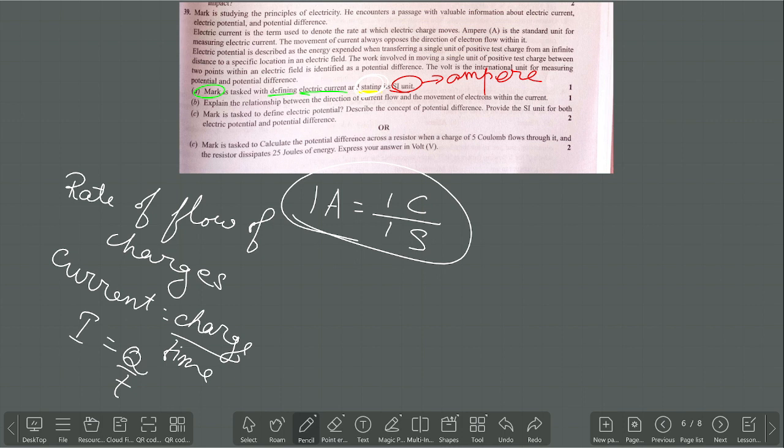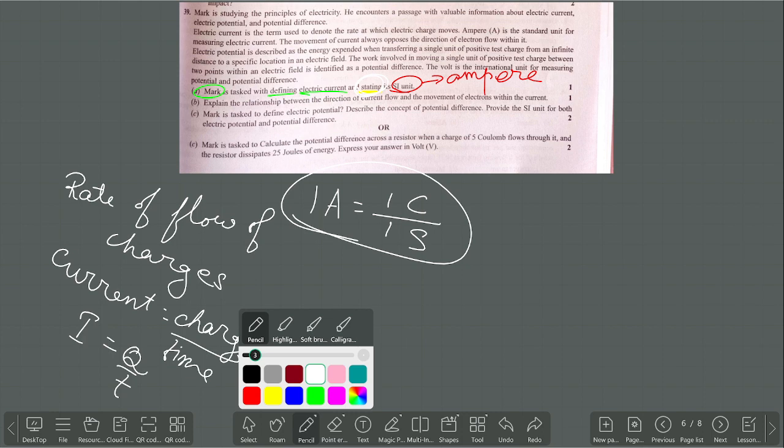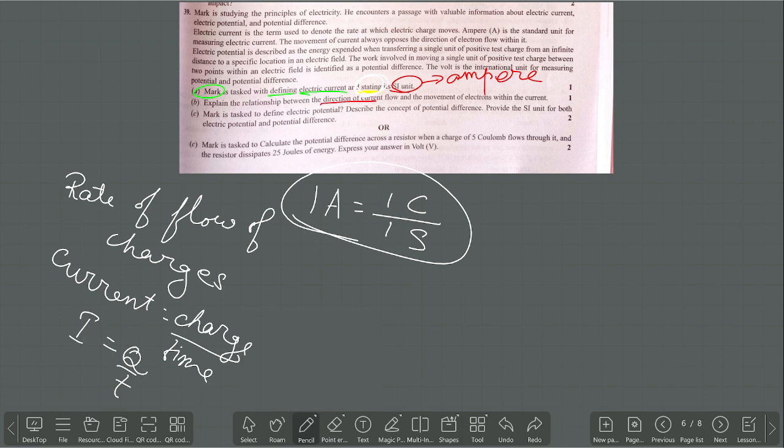Explain the relationship between the direction of current flow and the movement of electrons within the circuit. So we are just going to say about the relationship between the conventional current and electronic current. Both will move in the opposite direction to each other.